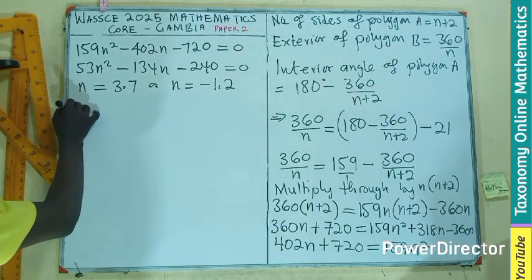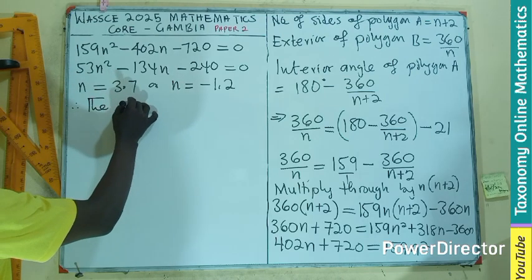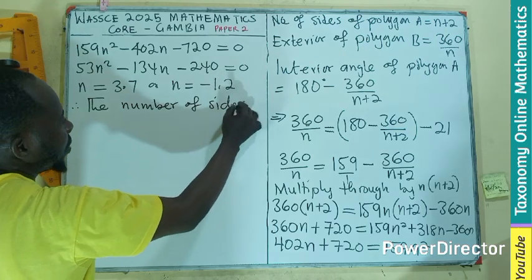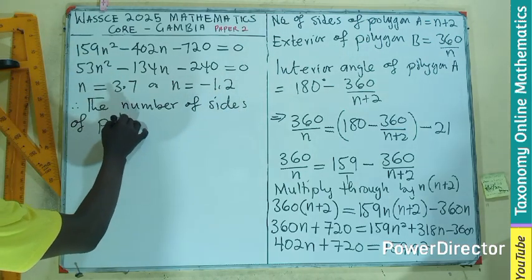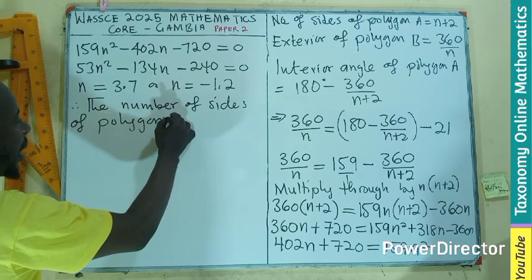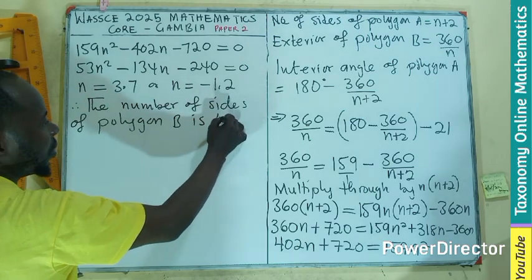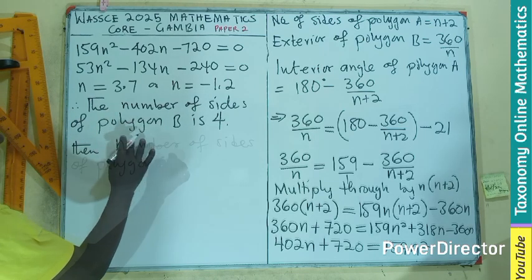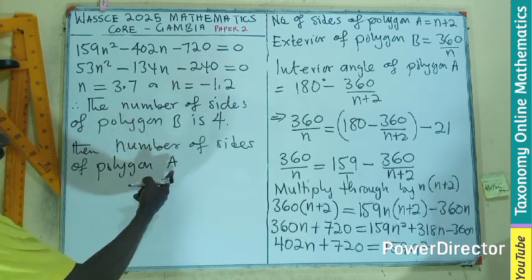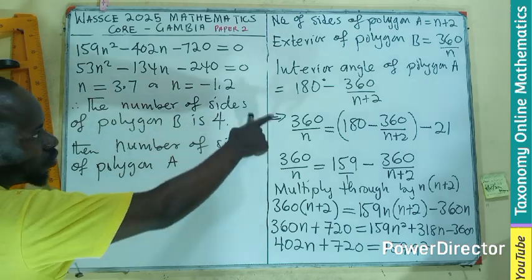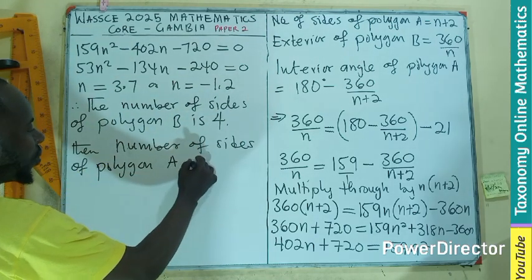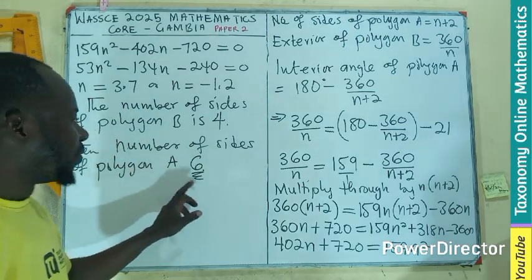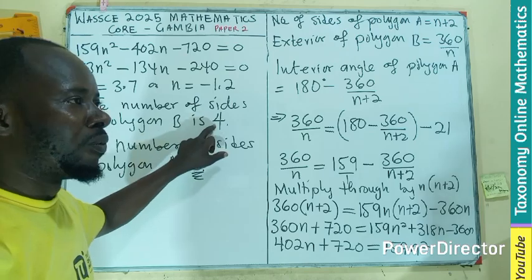So we can say that, therefore, the number of sides of polygon B is going to be 4. Then the number of sides of polygon A is going to be n plus 2, as we have in the corner there, which is going to be 6. So the number of sides of polygon A is going to be 6. That of B is going to be 4.